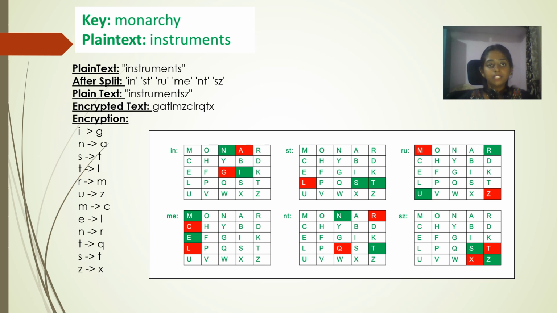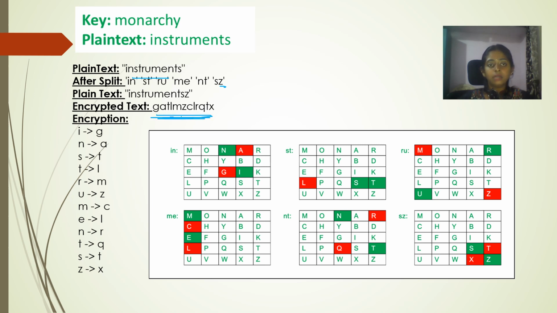So the plain text here is instruments, and after splitting we get INSTRUMENTSZ. So Z here is a bogus letter, as we saw in the previous slides. After doing the procedure, the encrypted text we get is this one.